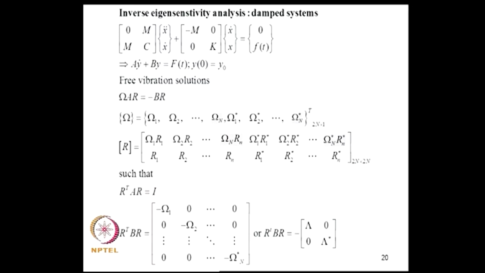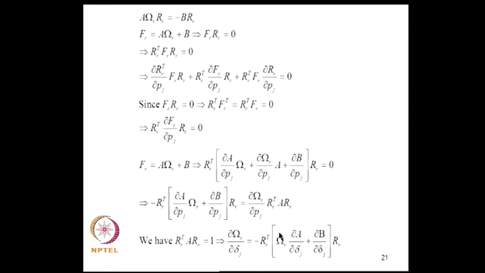Therefore an exponential solution would be acceptable, and that leads to this eigenvalue problem. It will lead to a set of 2n eigenvalues, where the eigenvalues appear in complex pairs and eigen solutions also appear in complex pairs, and we have this relation, and this modal matrix R has these two orthogonality relations. Now again we can consider the sensitivity of only the eigenvalue.